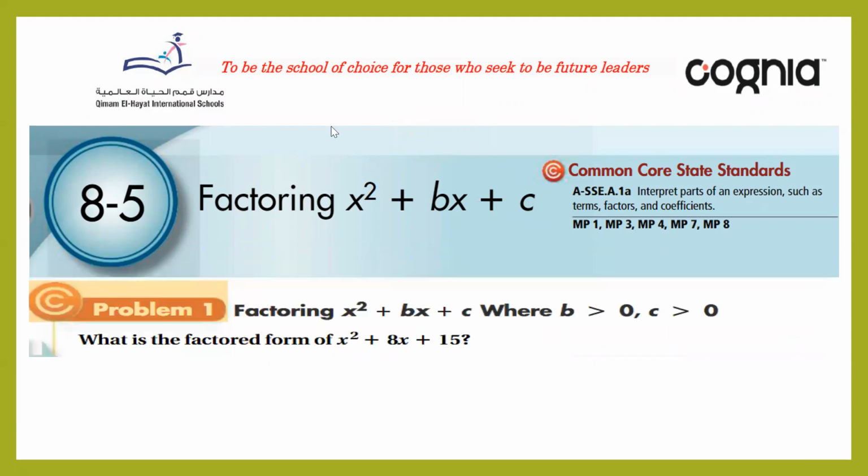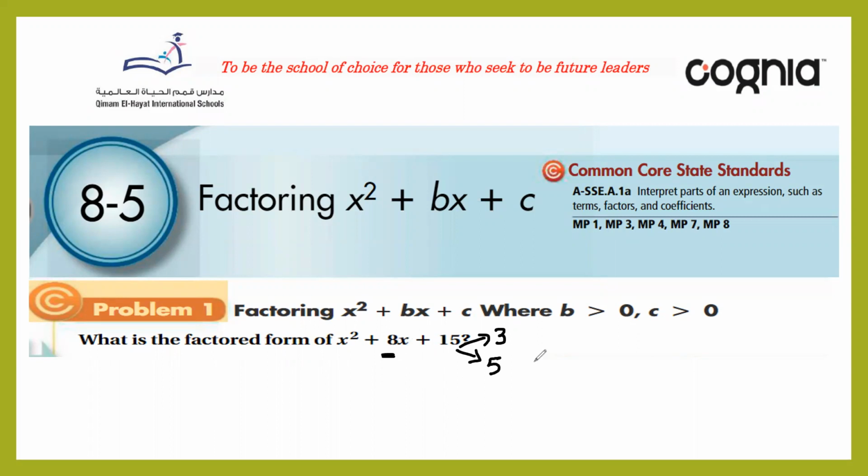Okay, now let's take the first example: what is the factored form of x squared plus 8x plus 15? Now I'm asking myself for two numbers. If I multiply them, I can obtain the 15. So it is 3 and 5.